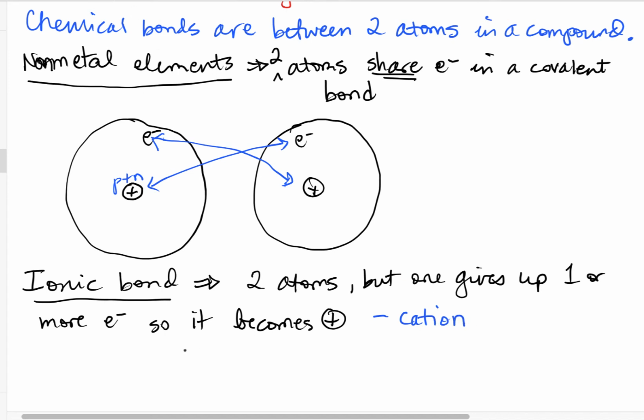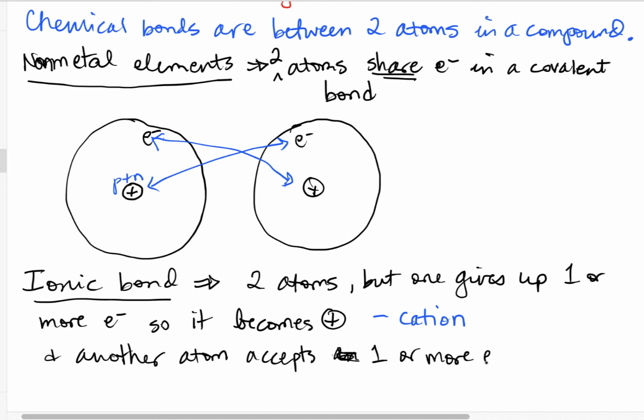And the other accepts the electron, or one or more electrons, to become negatively charged. And this is known as an anion.